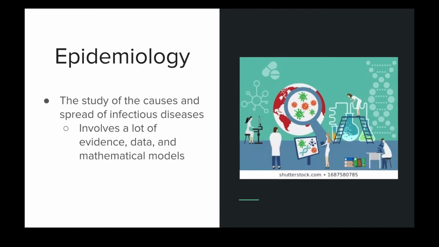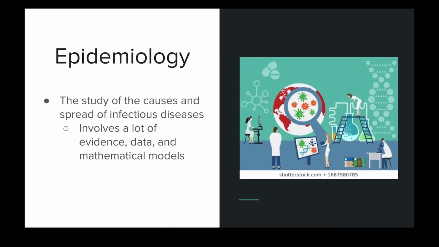It is the study of the causes and spread of infectious diseases. So this field of science involves a lot of evidence, data, and mathematical models. So the scientists that work in this field have to deal with a lot of evidence from past or present virus outbreaks, and they use that data to compare, contrast, and analyze so that they can make future predictions and so that they can provide reports so that we as a public can see where we're at right now with this infectious outbreak or disease.